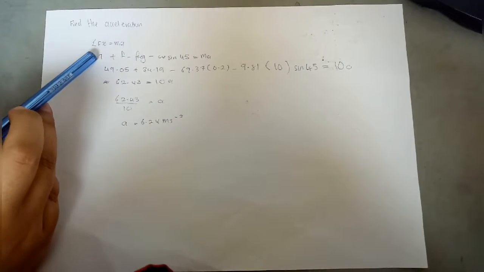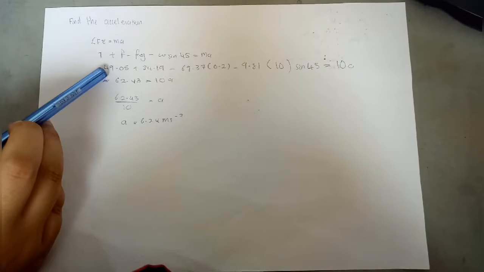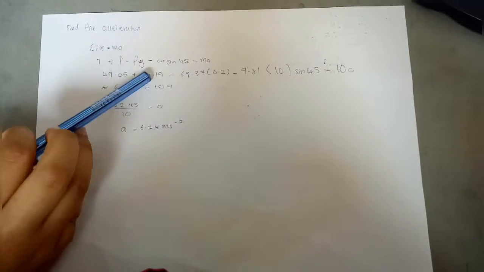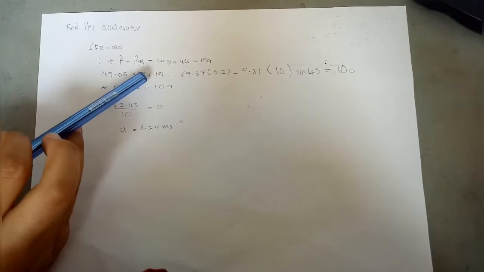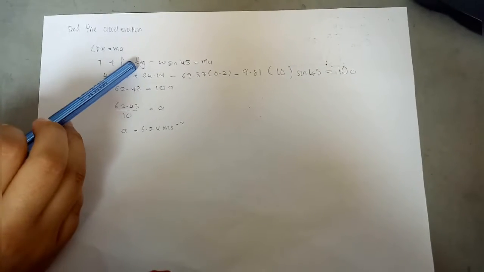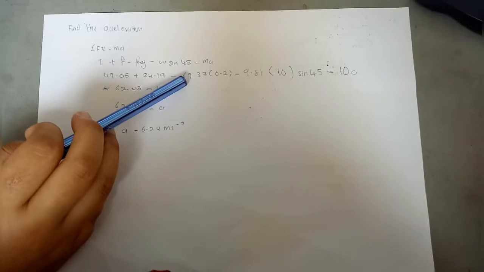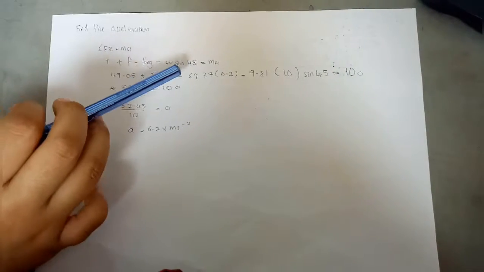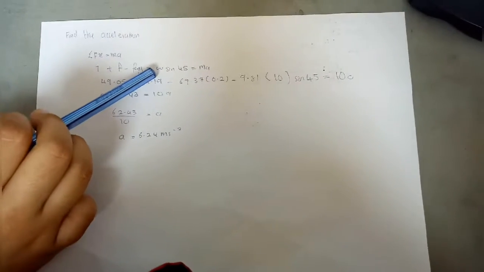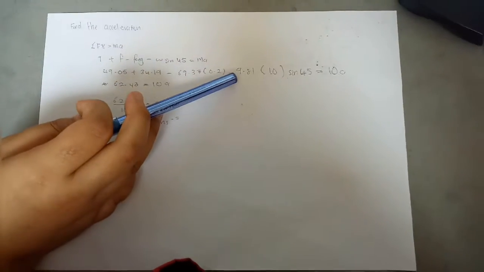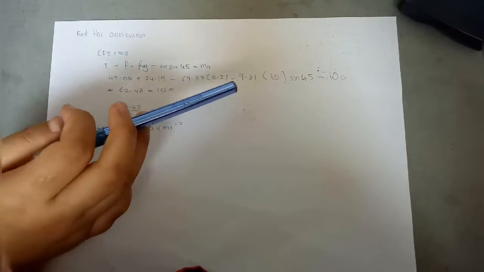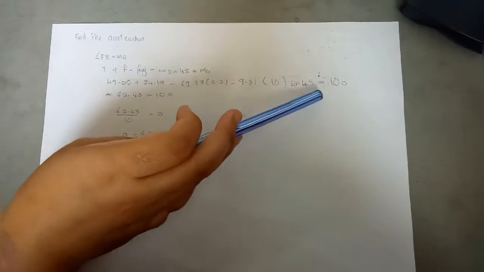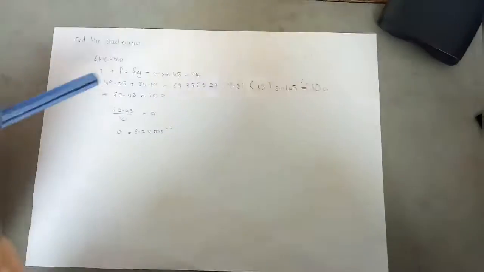Next, T is 49.05, and then force is 34.19, friction is 69.37 times 0.2, minus W is 9.81 times 10 sine 45 equals 10a.